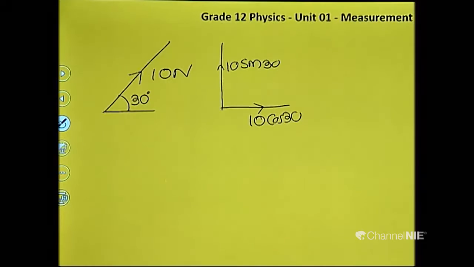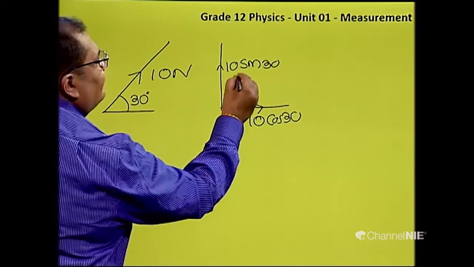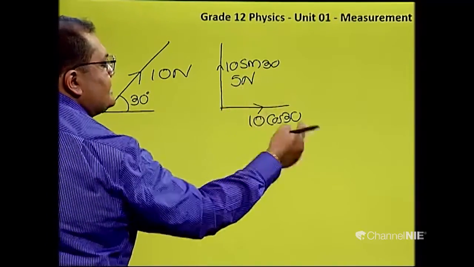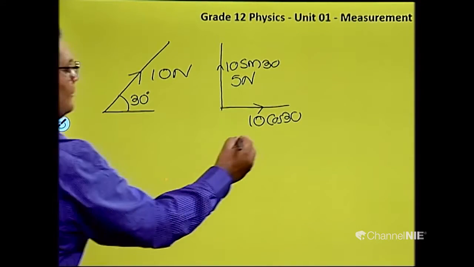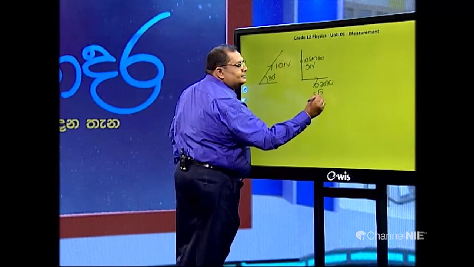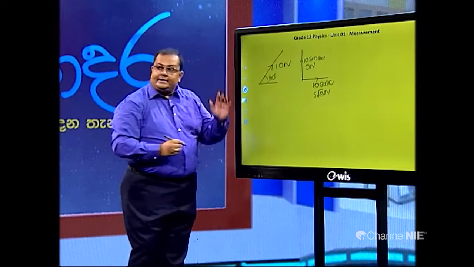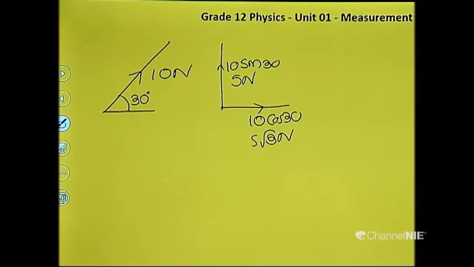And you can see sin 30 half, therefore 5 newtons. Cos 30 root 3 over 2, therefore 5 root 3. Then in the direction of the angle cos, another one sin.